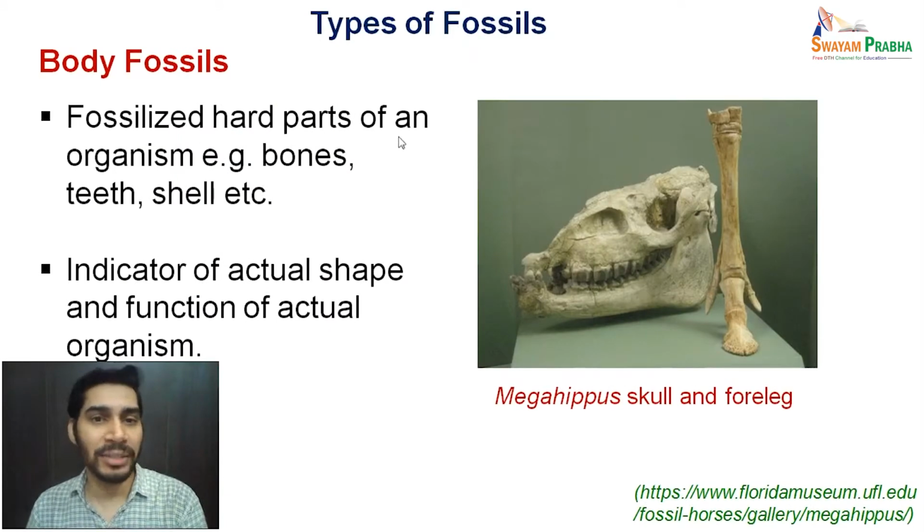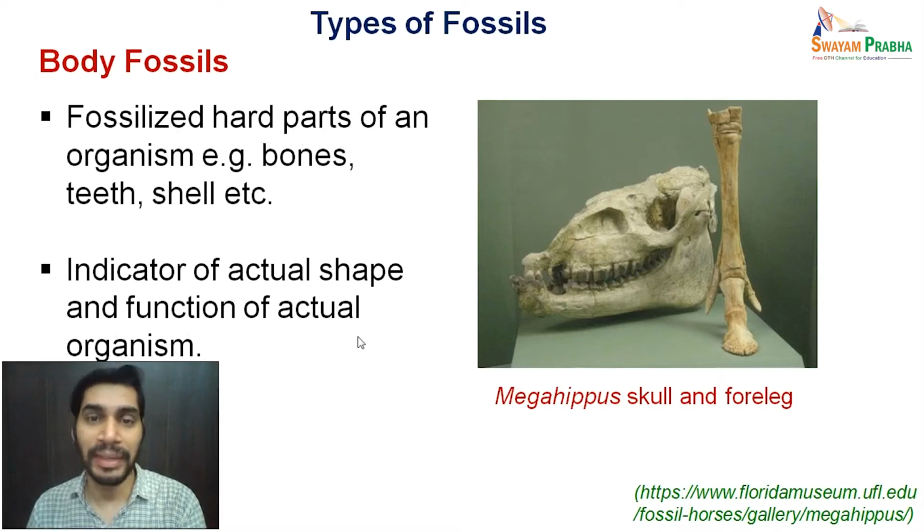Fossilized hard parts of an organism, that means the bones, teeth or shell etc. constitute the body fossils. For example, here you can see the bone of the foreleg and the skull of a Megahippus horse. These body fossils are indicators of the actual shape and function of the organism.